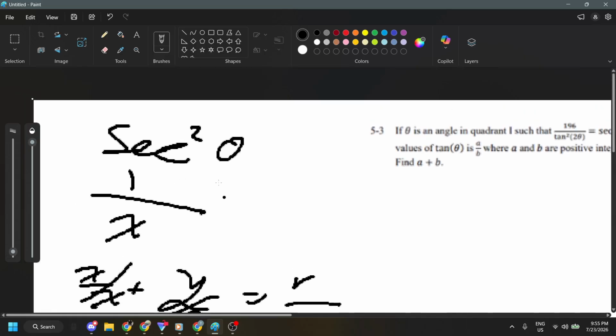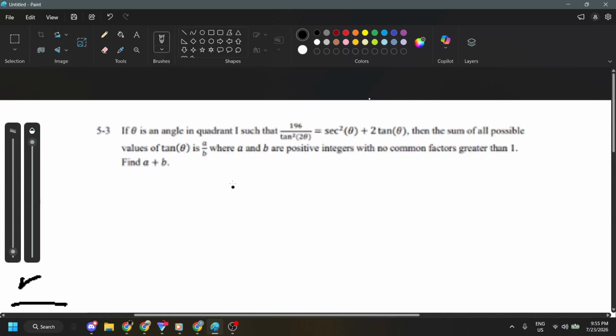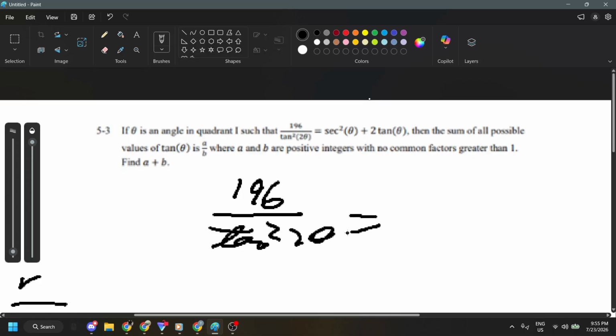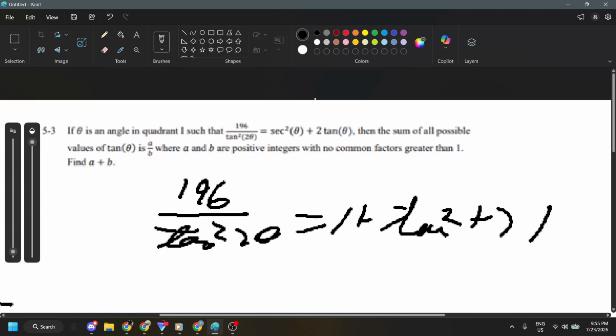This is 1, so this is 1 plus tangent squared. So 196 over tangent squared of 2 theta is equal to 1 plus tangent squared plus 2 tangent.